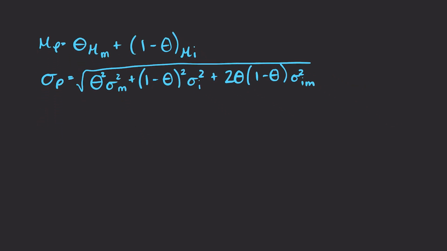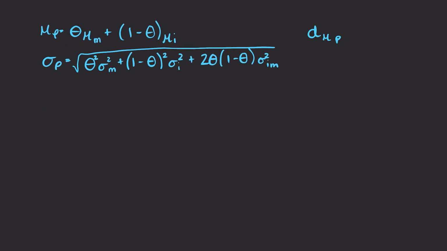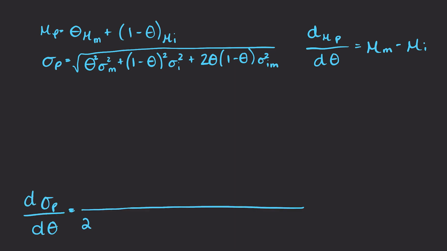So what I want to find now, I want to find d mu d theta. That's fairly simple. That's just going to be the return to the market minus the mean return to stock I. And d sigma d theta, well, that's going to be a little bit more complicated. Right? I got to do this whole thing to the 1/2, so I have.